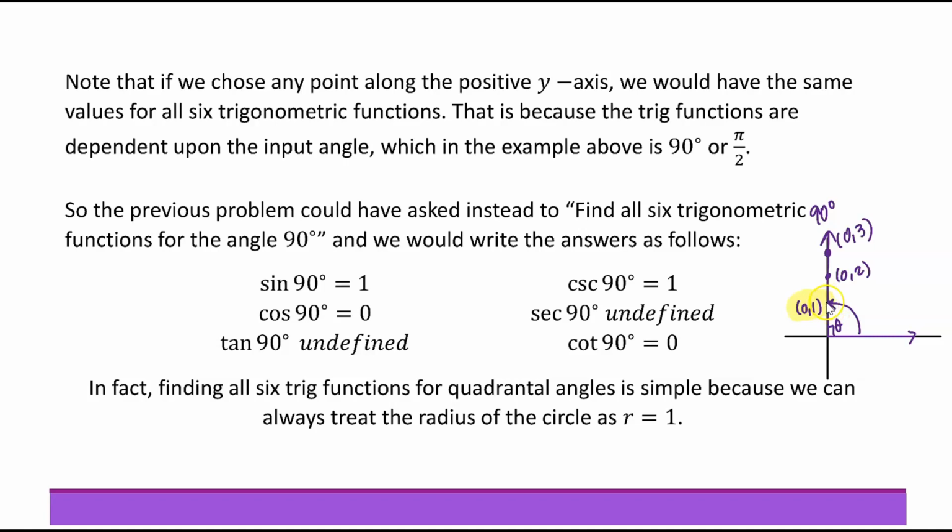So here, the nicest coordinate point to work with would be 0, 1. And the nicest coordinate point along the negative x-axis would be -1, 0. And down here, it'd be 0, -1. And over here, it'd be 1, 0. So since we can pick any point we want along the terminal side, why not choose just the nice point where the radius is going to be 1?